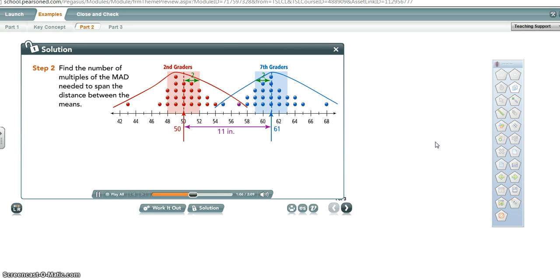Step 2. Find the number of multiples of the MAD needed to span the distance between the means. The number of multiples equals the distance between means divided by the MAD. The distance between the means is 11 inches. And the MAD is 2 inches.